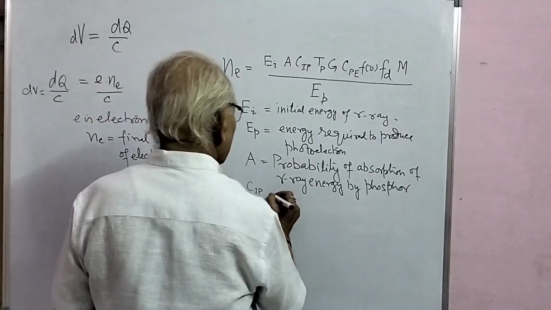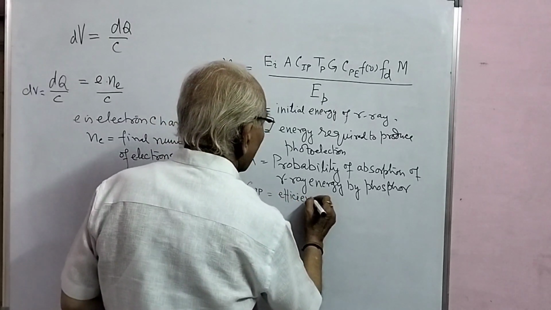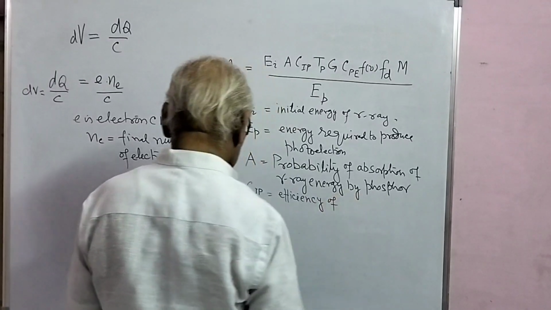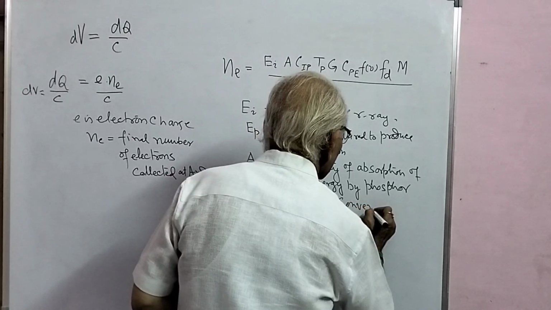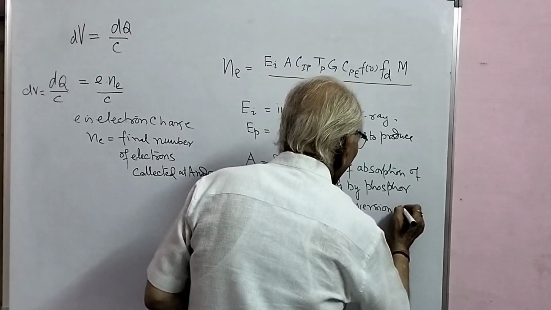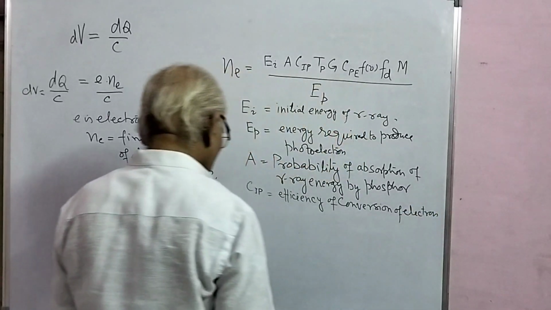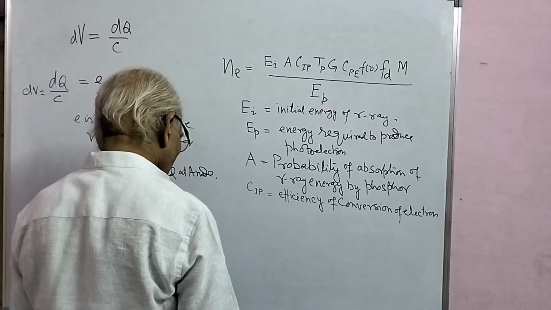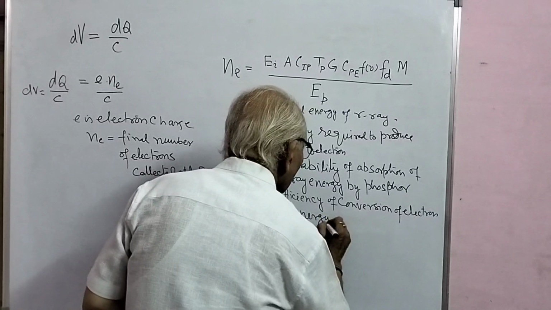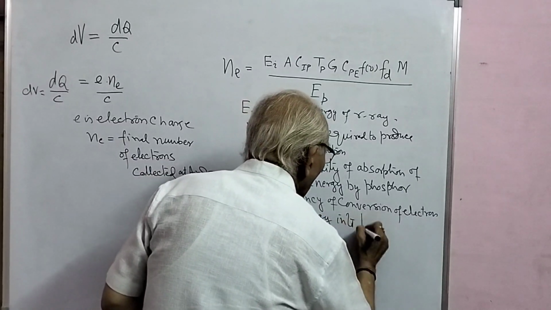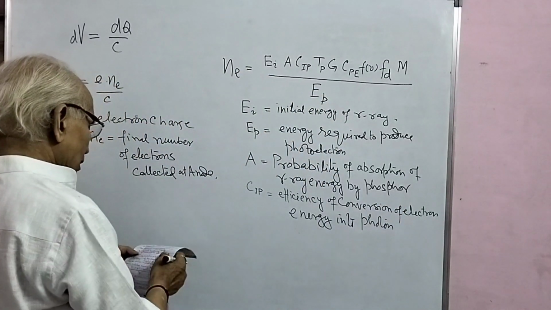Then CIP is the efficiency of conversion of electron energy into photons, that is scintillation. What is the efficiency?